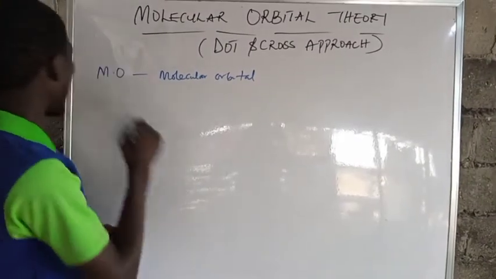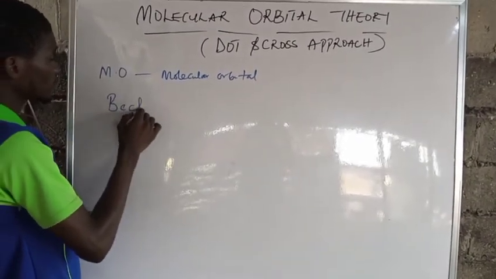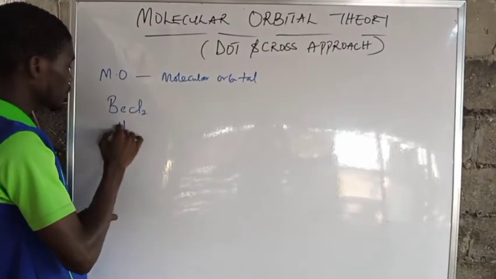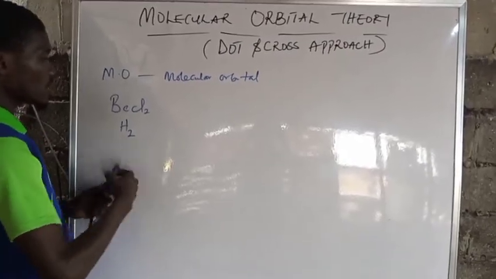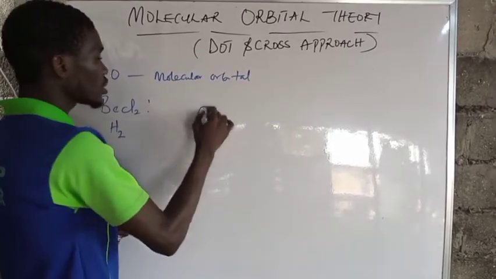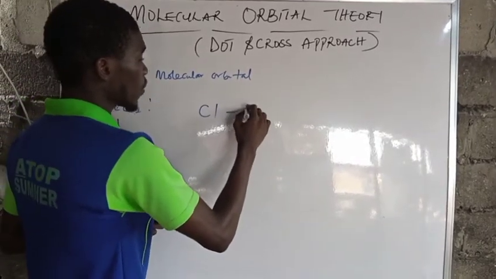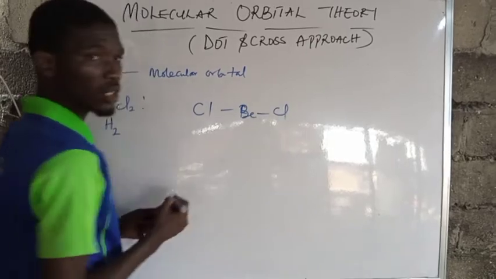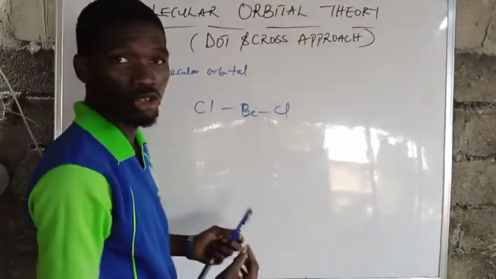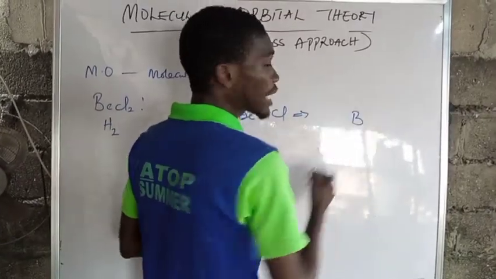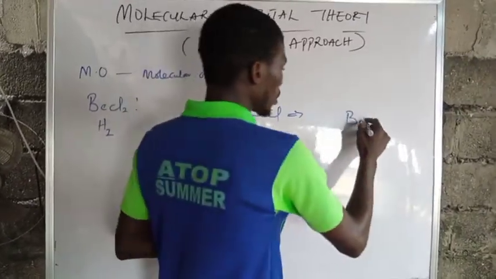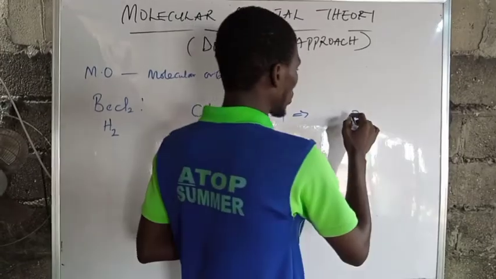For example, I have beryllium chloride. I also have hydrogen molecule. With this, I can decide to have this in this form. And how do we show the dot and cross parts? The outer electron of beryllium is 2. I will take that to be the cross.